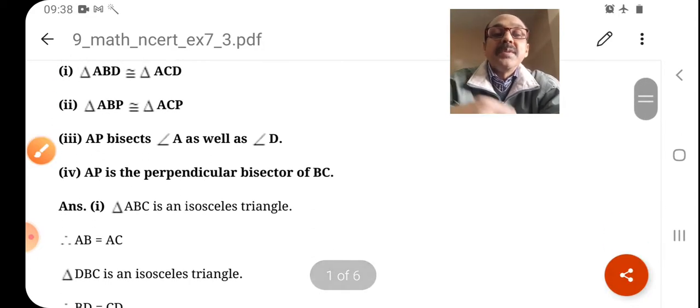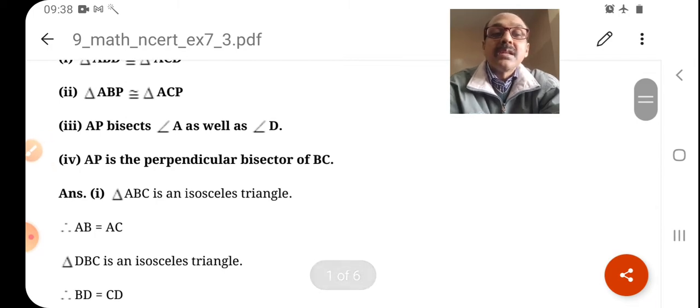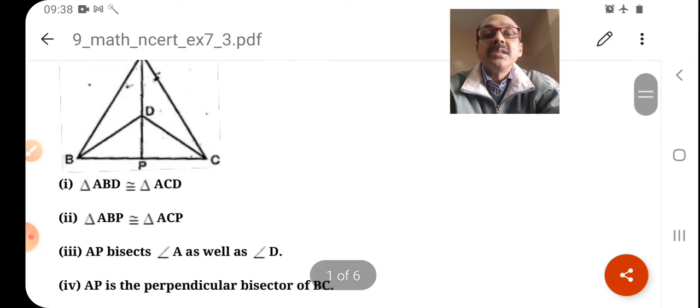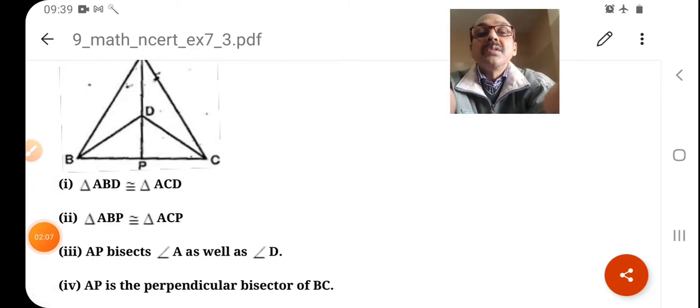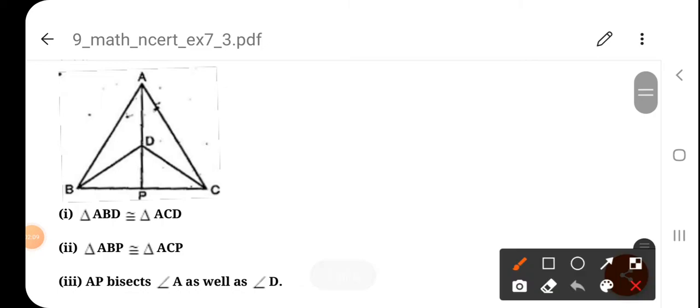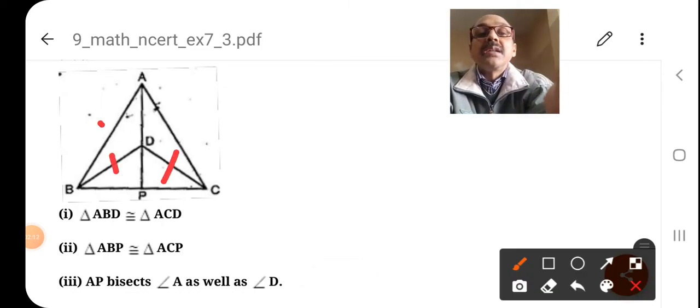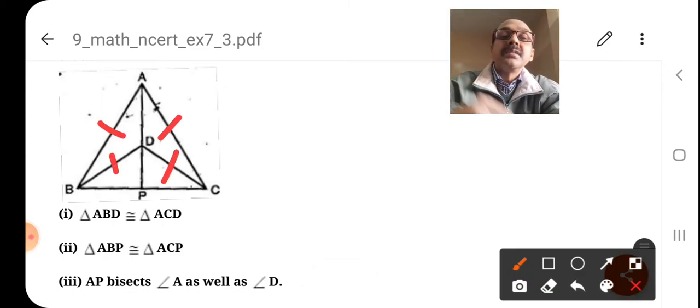And DBC is also an isosceles triangle, so BD equals CD. So these two sides, BD equals CD and AB equals AC.